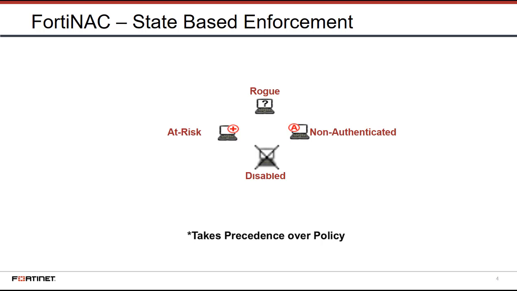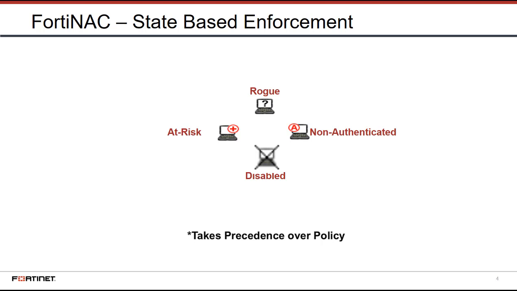And on the left we have the at-risk host. A host is at risk when it has failed a scan. This is either a scan that's been performed by a FortiNAC agent, or it's a host that has been marked at risk using what's called an admin scan, which is the way an administrator could manually mark a host at risk, or through some other automated process in the system.